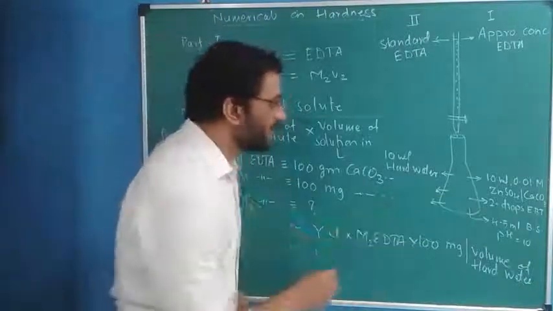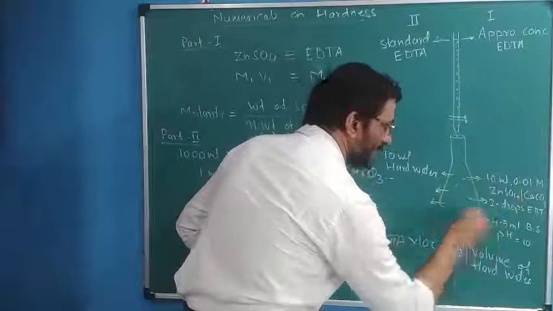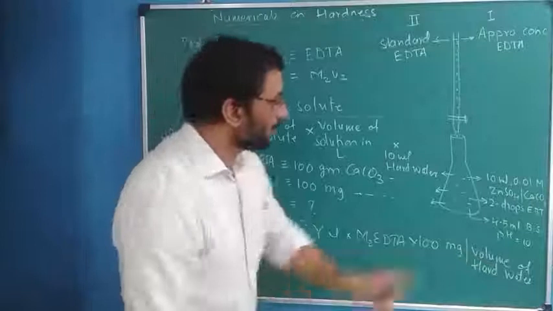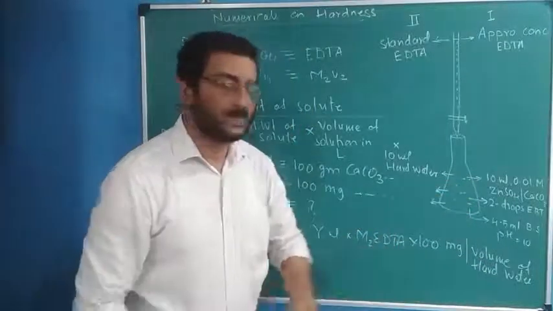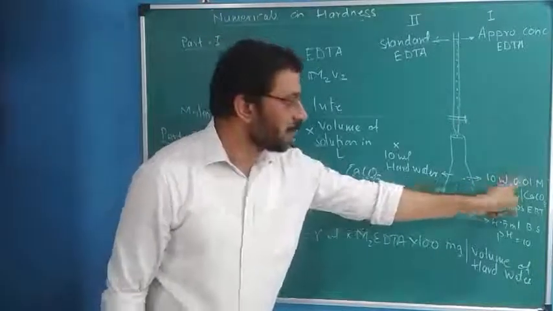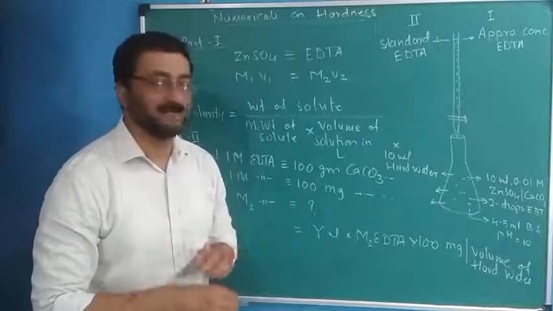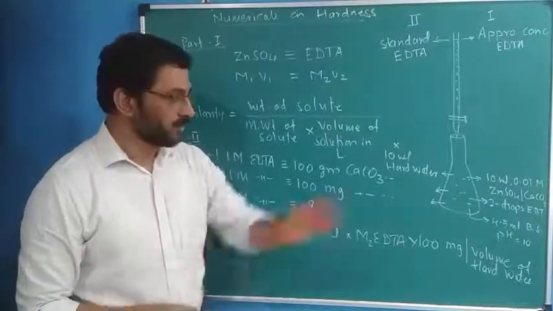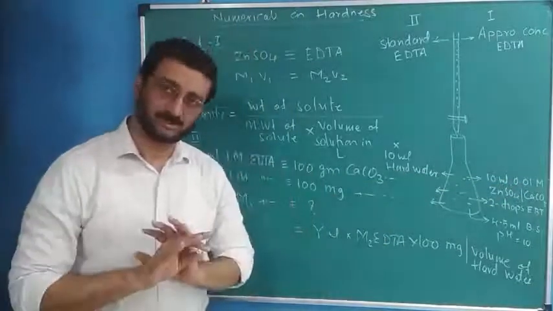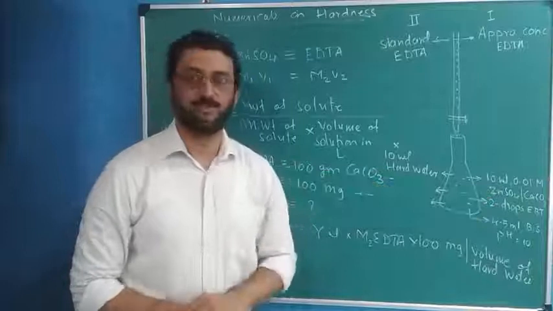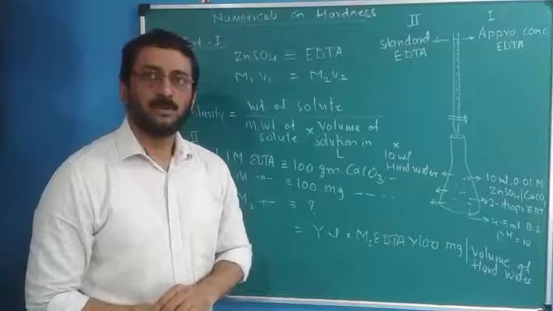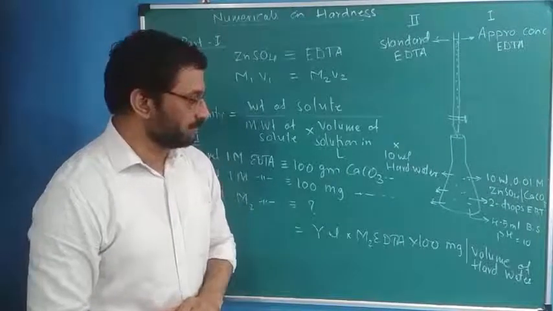In the conical flask, on the right hand side, one may take a known volume, say 10 ml of 0.01 molar zinc sulfate. You can take any volume of any concentration of any salt solution, like CaCO3, like MgSO4, or any salt solution.